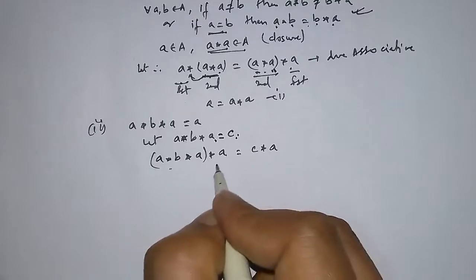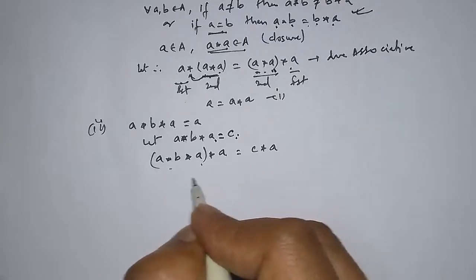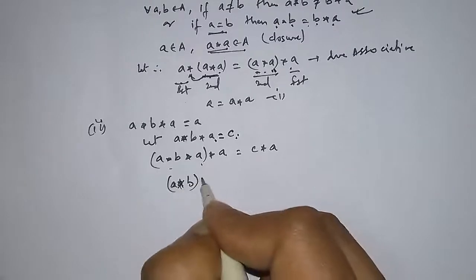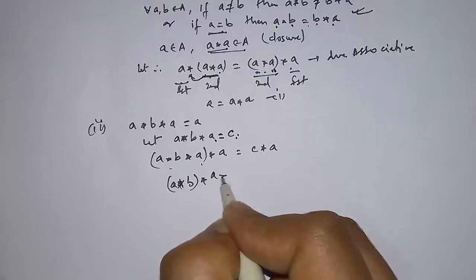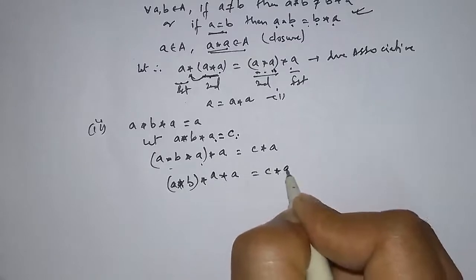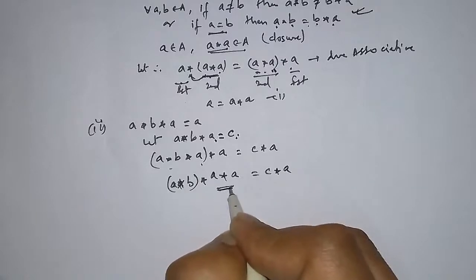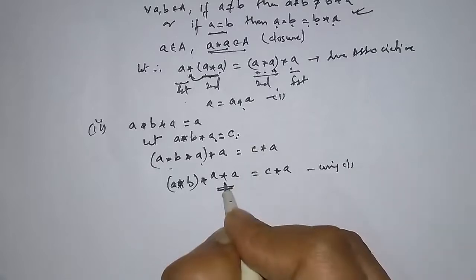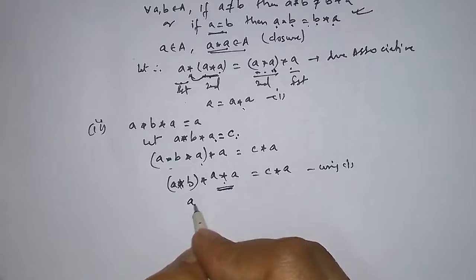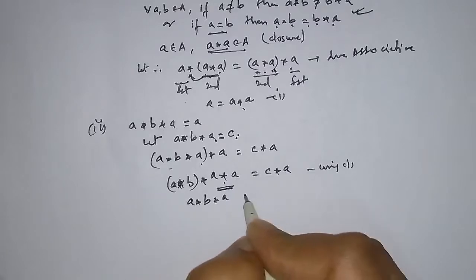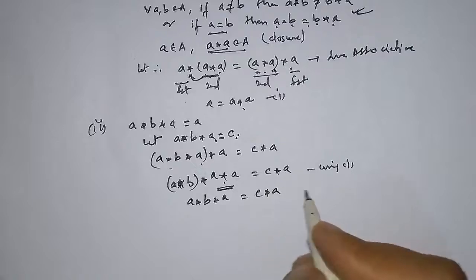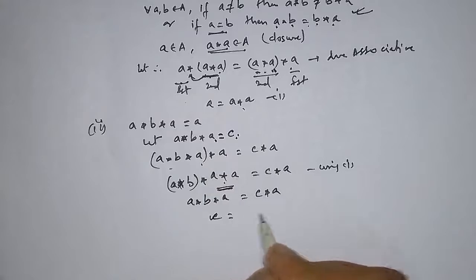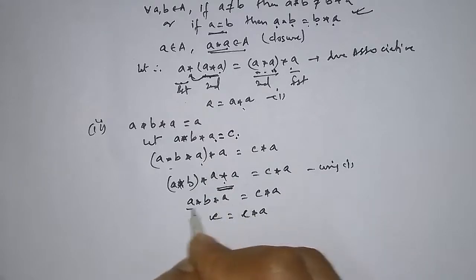Using associativity, I will change the manner of bracket: A star B star (A star A) is equal to C star A. Now this A star A will be equal to A using the first result. So this becomes A star B star A is equal to C star A, and we have supposed that A star B star A is equal to C. So C is equal to C star A. We have supposed it.